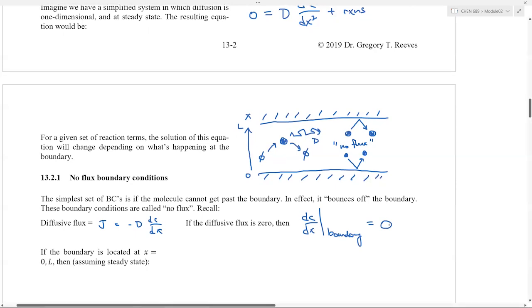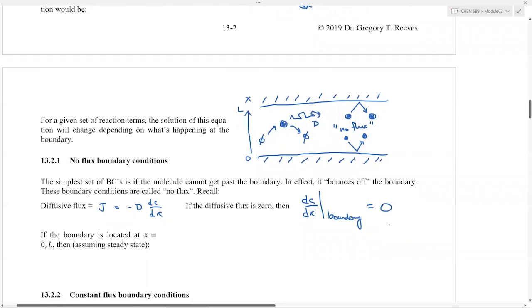In our particular case, the boundary is located at x equals 0 and x equals L. So dc dx at 0 equals dc dx at L equals 0. And sometimes you see this simplified: instead of showing both, it's dc dx evaluated at 0, L equals 0. Just another way to shorthand write it.